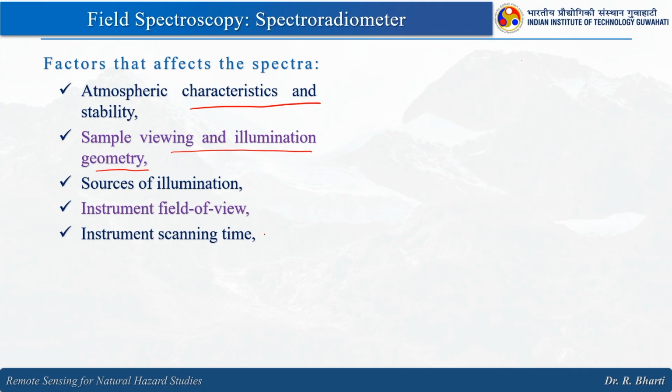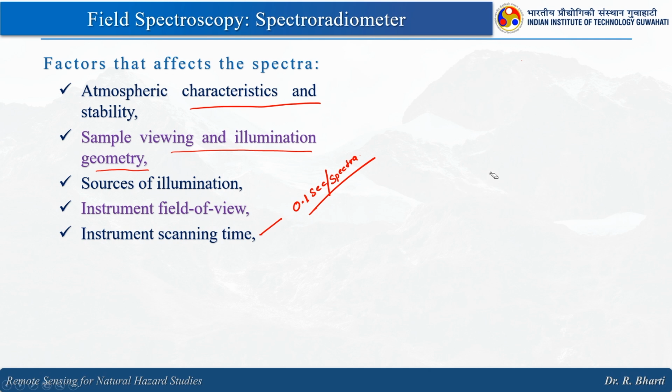Now, instrument scanning time. Remember I told you that one of the instruments has 0.1 second per spectra. If I move my hand very frequently and it is less than 0.1 second, my spectra will not be captured perfectly.